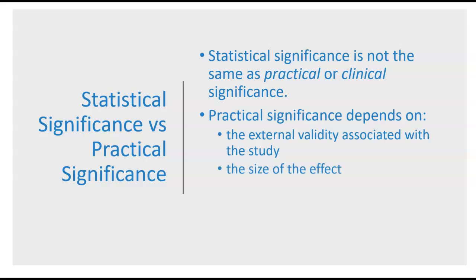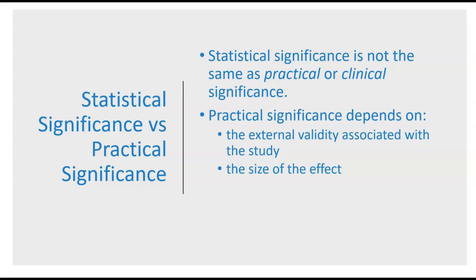Notice that effect size matters here too. If you have a finding, even if there's decent external validity, if the effect size is small, that may limit considerably the practical impact. Let's say you have a classroom teaching method and you find a significant difference in reading scores between your two groups, the group that got the treatment and the group that didn't.